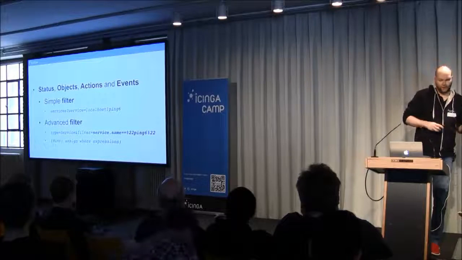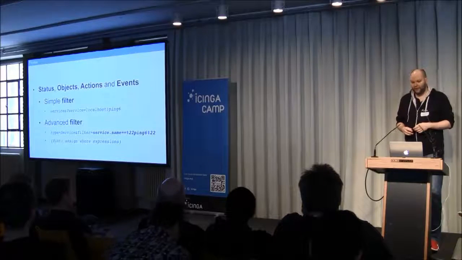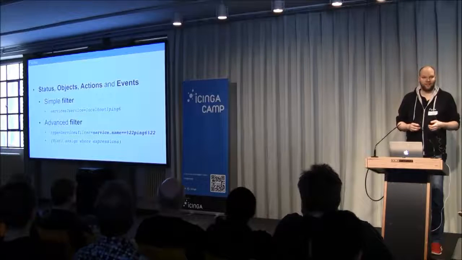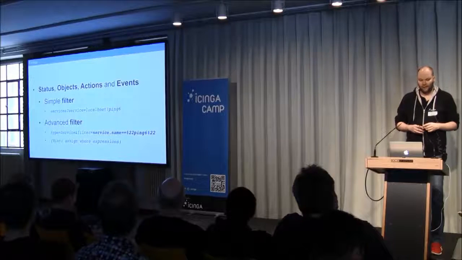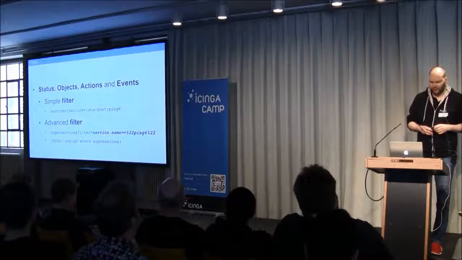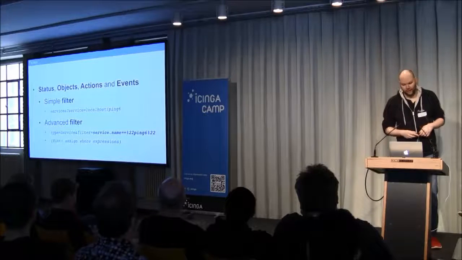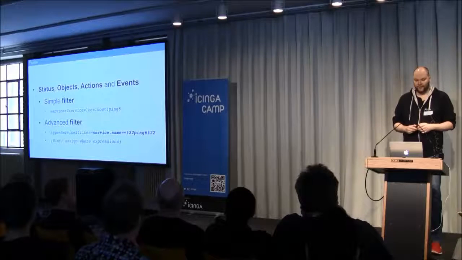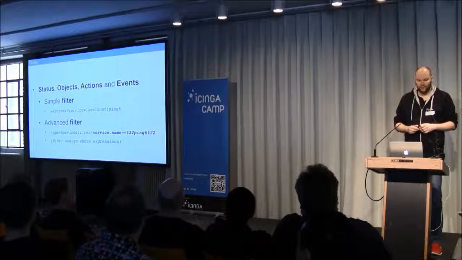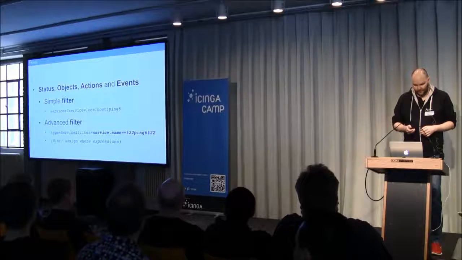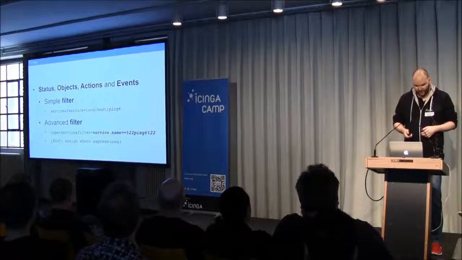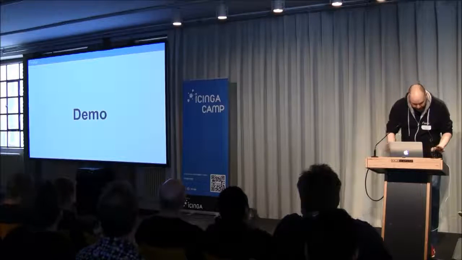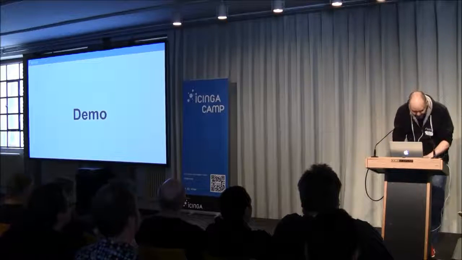Or you could go for an advanced filter, which also uses the Icinga 2 DSL, like the conditional expressions. You can filter by the service name, use match, regex, whatever filter expression you want. But that's too much theory already, so I'm diving into the demo, and I'm hoping nothing breaks, because I have a lot of demos prepared.